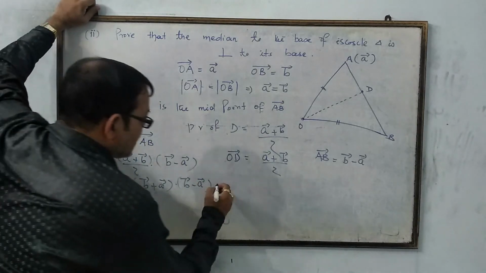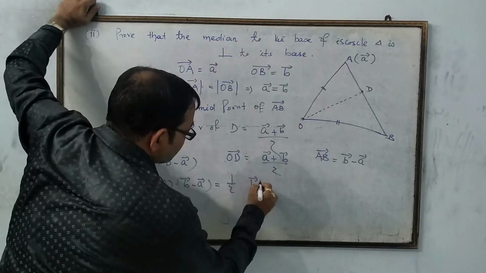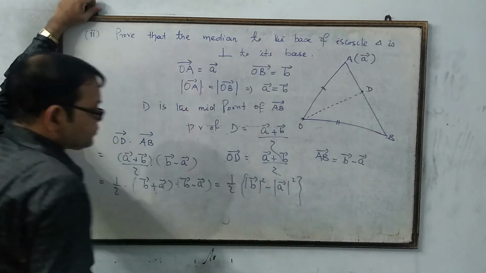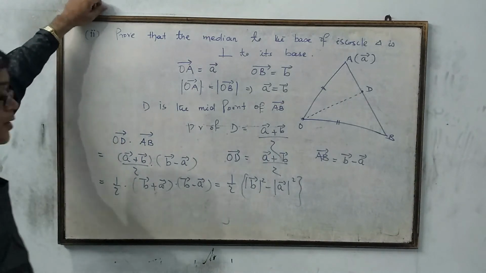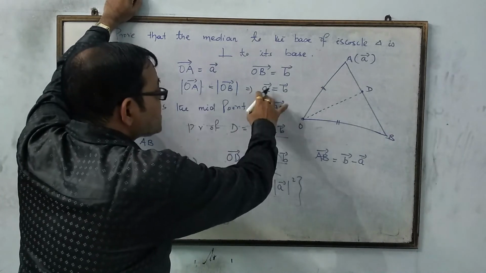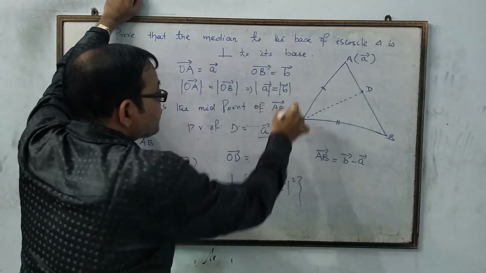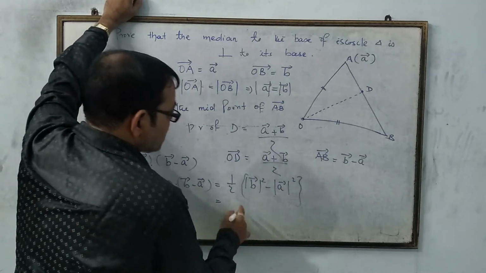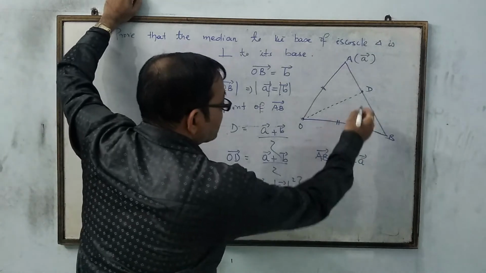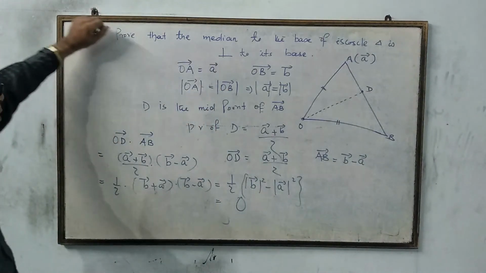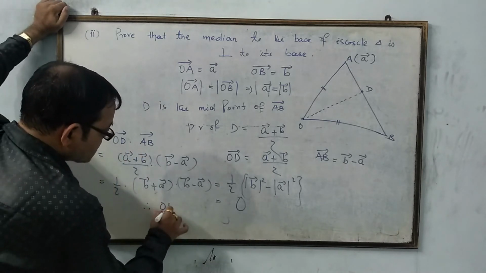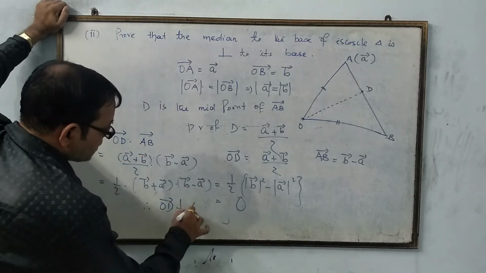We can write it as half of the magnitude of B squared minus the magnitude of A squared. Since the triangle is isosceles, the magnitude of A is equal to the magnitude of B. So B squared minus A squared is 0, so half into 0 equals 0. Therefore, since OD dot AB equals 0, OD is perpendicular to AB.